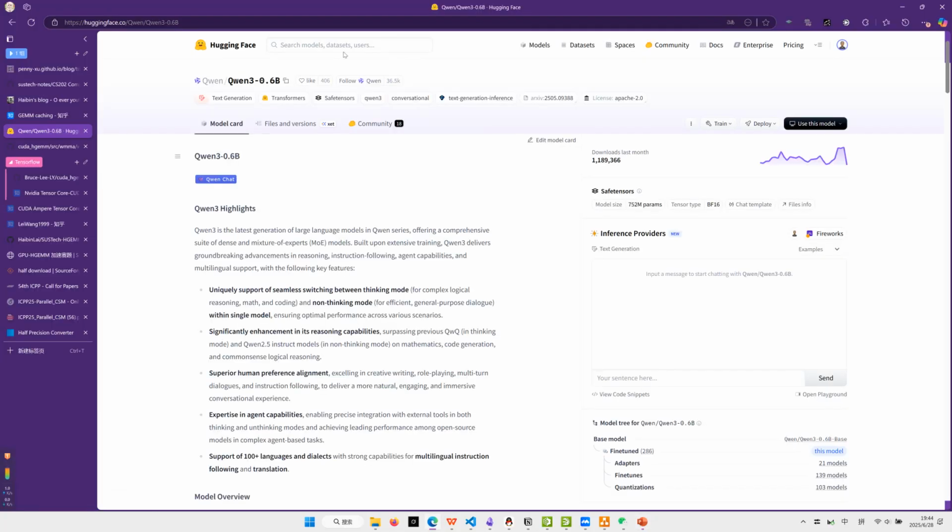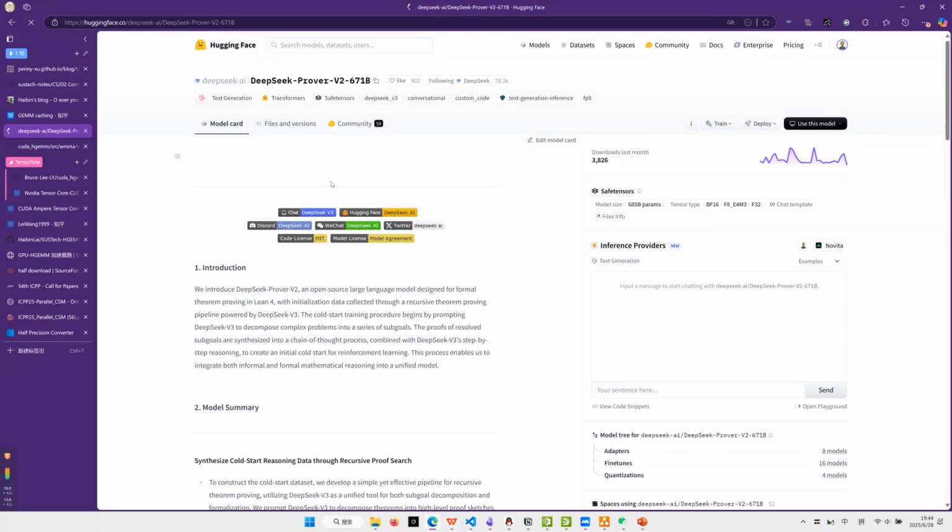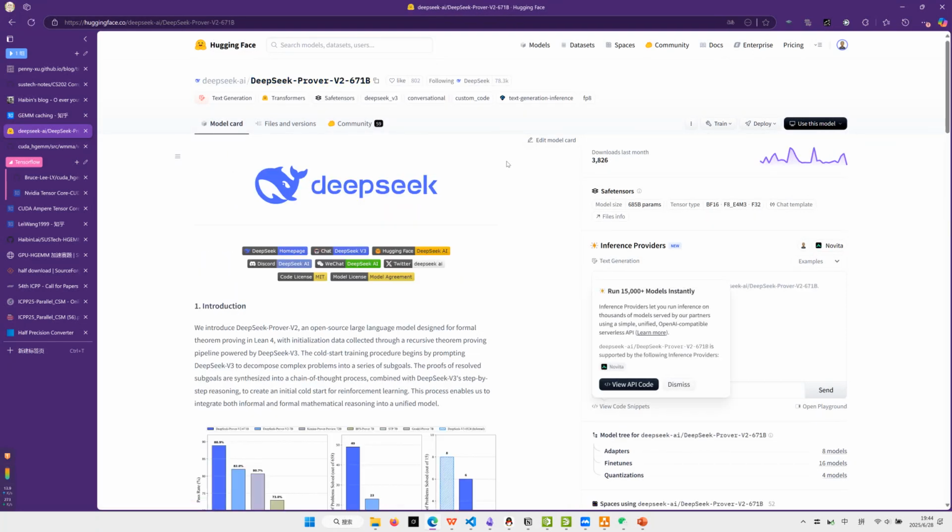And as you can see, nowadays most of the models are very, very big, like DeepSeek V3. It contains 671 billion parameters. That is very, very big. So by using FP16 or even FP8, you can store all the weights and put the whole model inside the GPU or even in CPU memory.